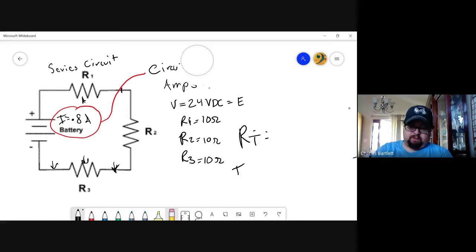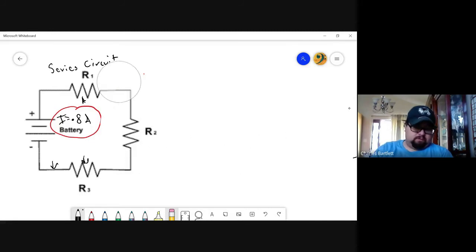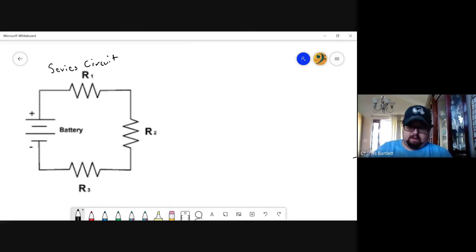It might ask a question like, what is I1? And you would have resistances.